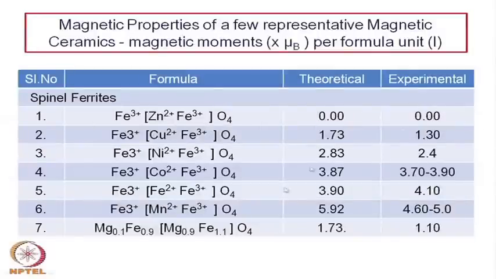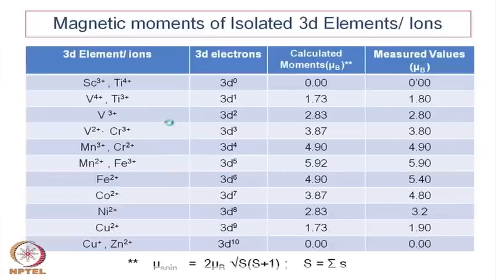Please note that change. This Fe and this Fe will cancel each other because of the antiparallel orientation ordering, whether zinc 2 plus, if we go to the table here.